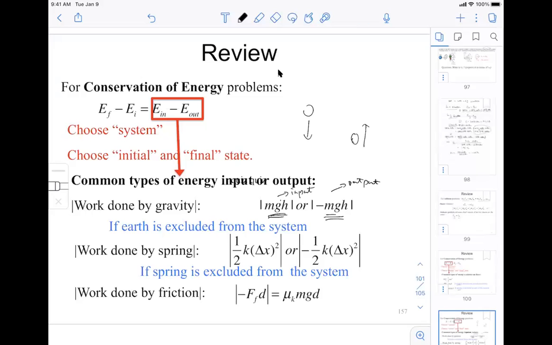And work done by spring. Now, again, if you exclude spring from the system, the work done by spring, the integral of kx dx, becomes 1/2 k delta x squared. Okay, it has exactly the same format as your elastic potential energy, but it can be positive or negative.